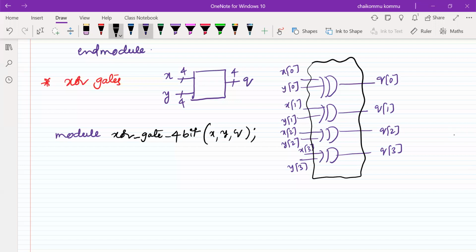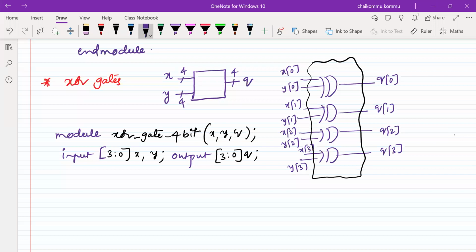Then we have to declare the inputs: 3 down to 0 of X comma Y. The output is 3 down to 0 of Q. Next, for the next one, XOR, right?